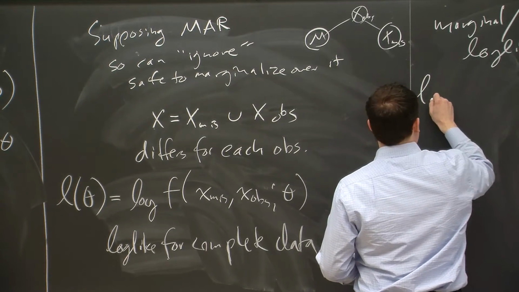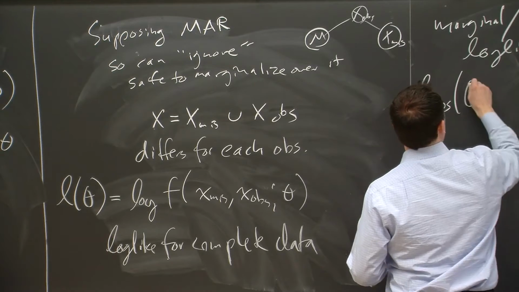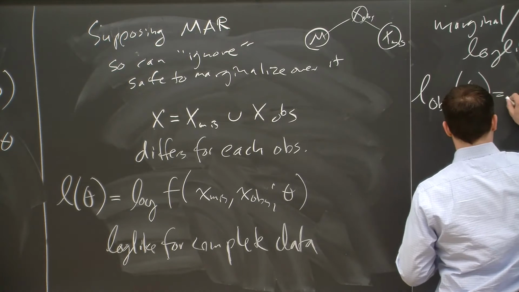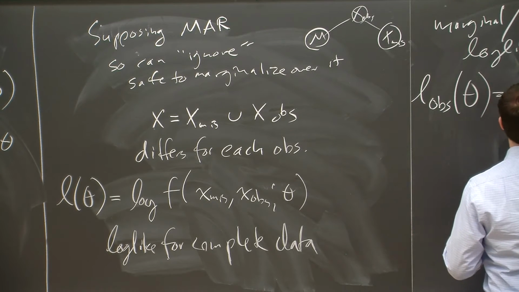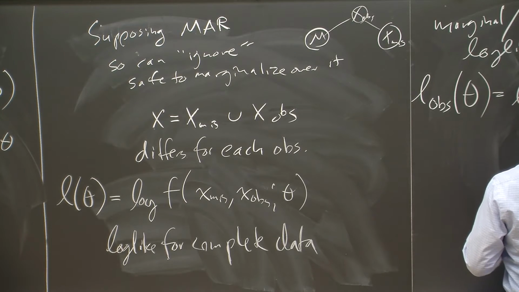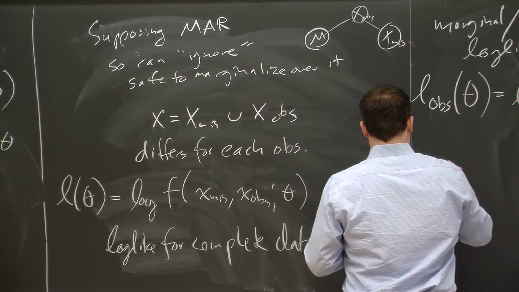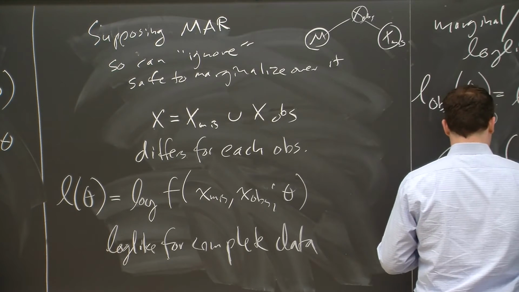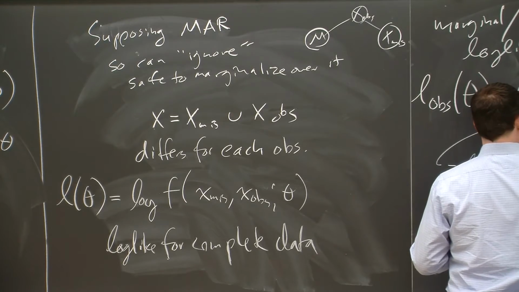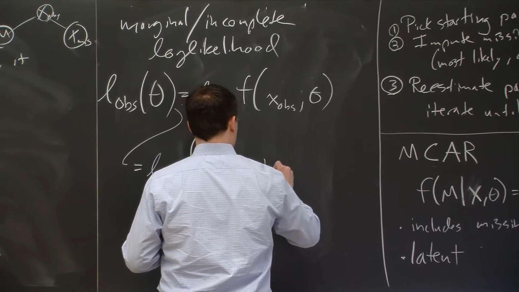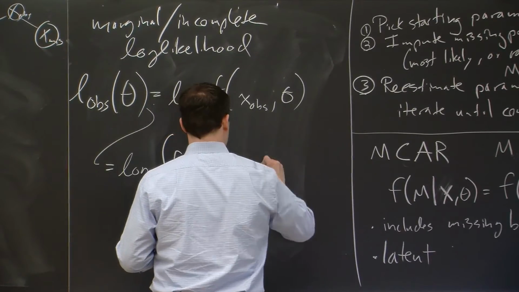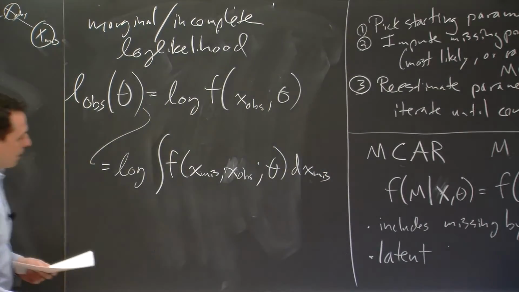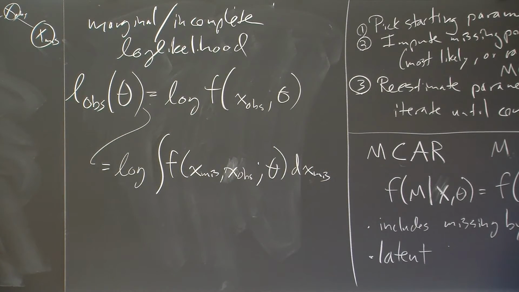So this is the likelihood of the observed data with respect to the parameter. And this quantity here is really an integral of a density that involves both the missing and the observed data and the parameters, where we're integrating out the missing data, or summing over it.